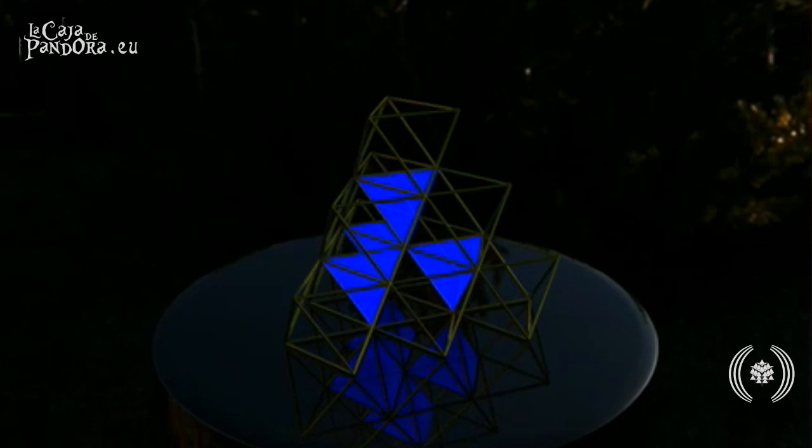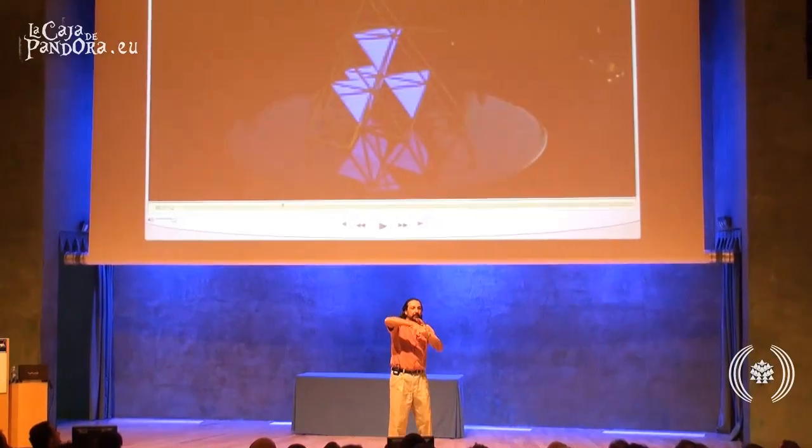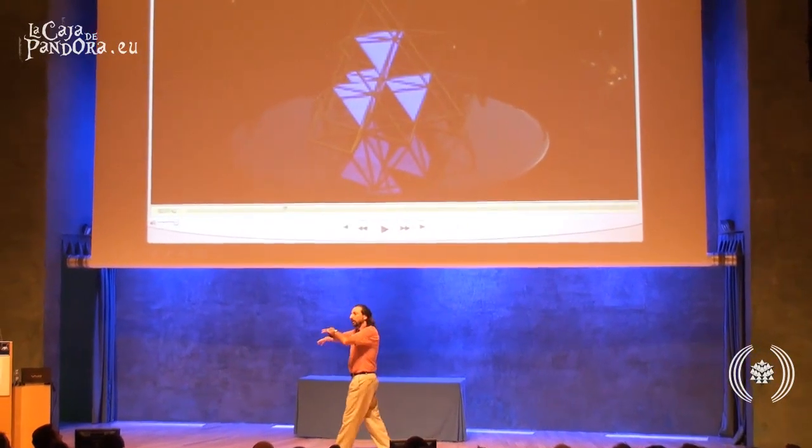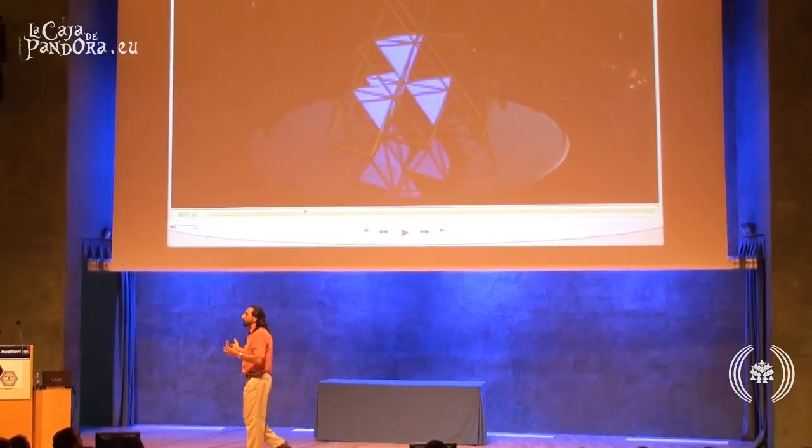Where'd they go? Here they are. These were tetrahedrons that didn't belong to the octahedron. They didn't belong to the other tetrahedrons. And they were reversed, pointing down. And they were rotated from the main tetrahedrons. And so there was asymmetry.